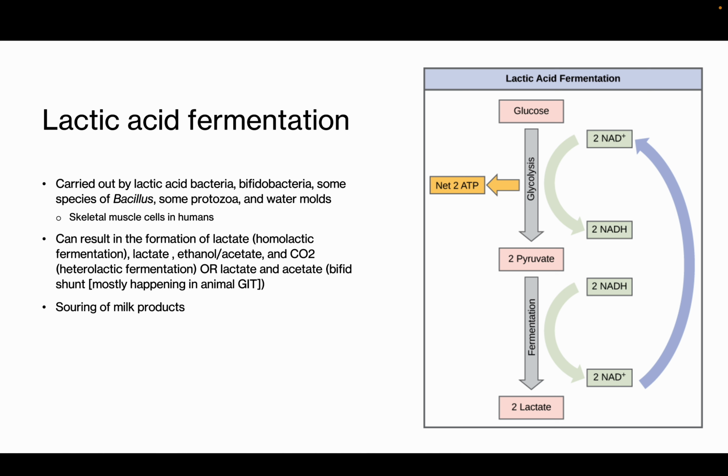In some cases, if the bifid shunt is activated, lactate and acetate are produced, especially for species thriving in the animal GIT. So they carry out the bifid shunt, and lactate and acetate are produced. Lactic acid fermentation is associated with the souring of milk products.